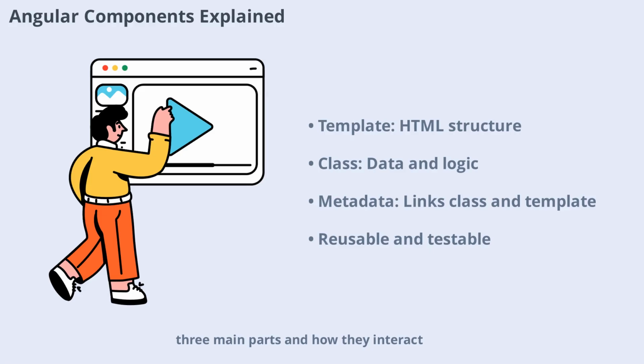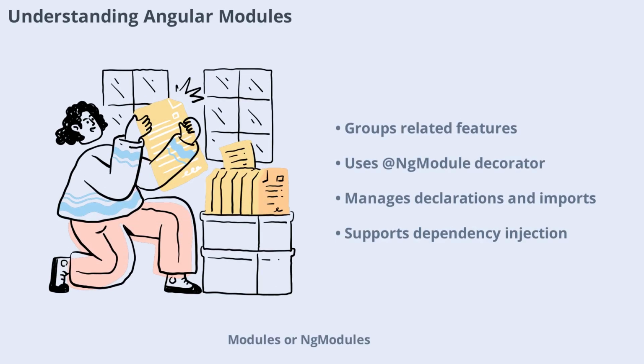and how they interact. Modules, or NgModules, are essential for organizing Angular applications. An NgModule is a class decorated with @NgModule, grouping related components, directives, pipes, and services into a cohesive unit. This organization helps manage large apps by dividing them into logical sections.